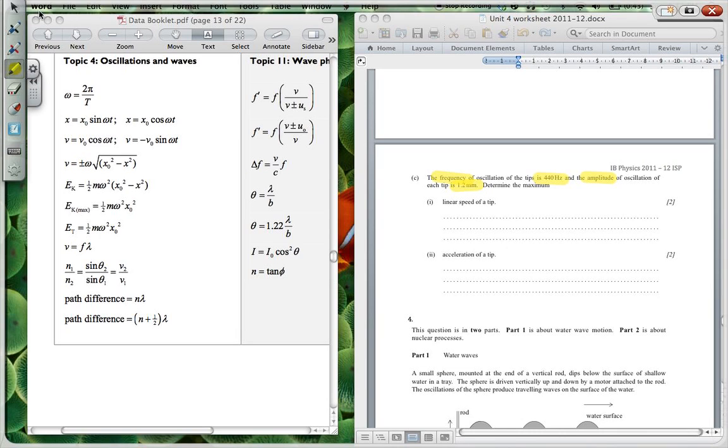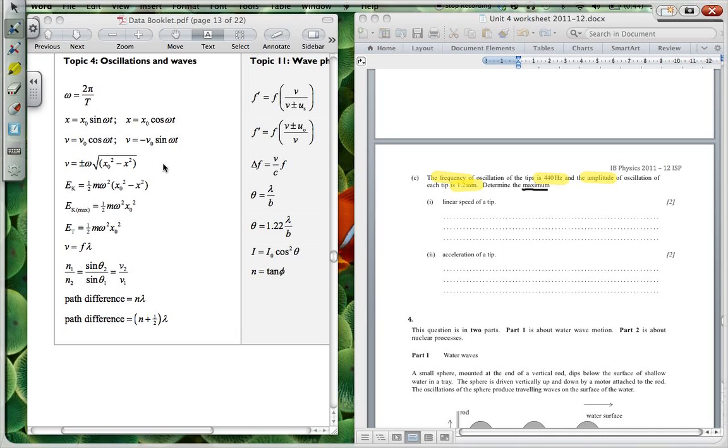This highlighter is knocking out everything, but I hope you can still see it there. So we are being asked to calculate firstly our linear speed of the tip and the acceleration. It says determine the maximum linear speed.